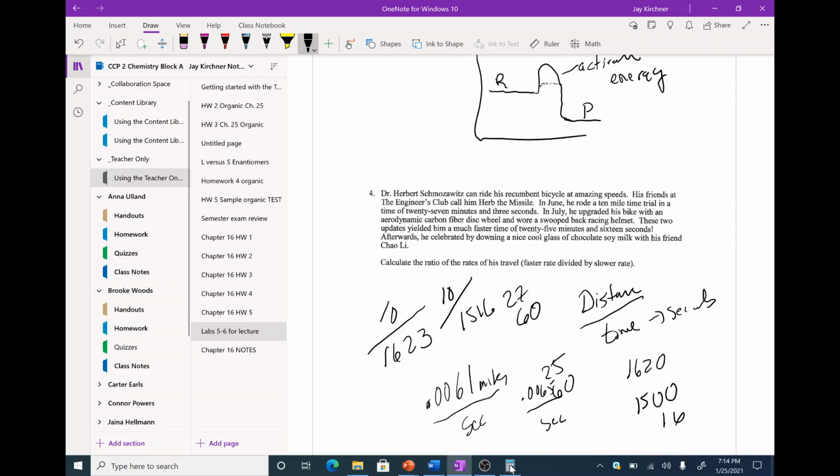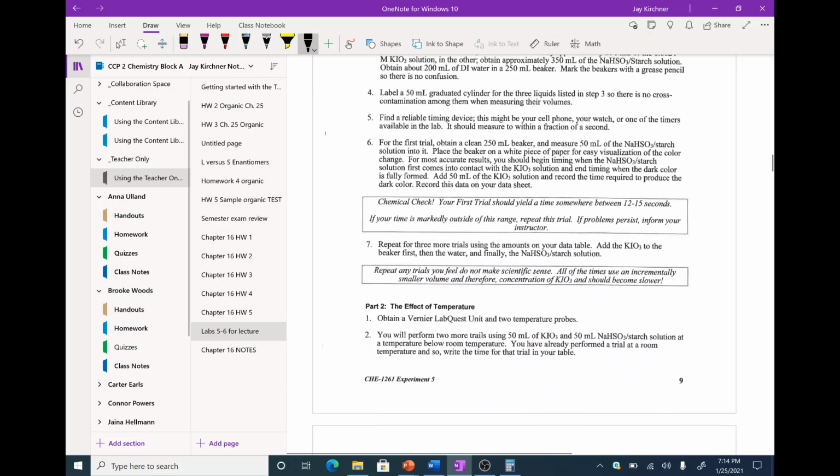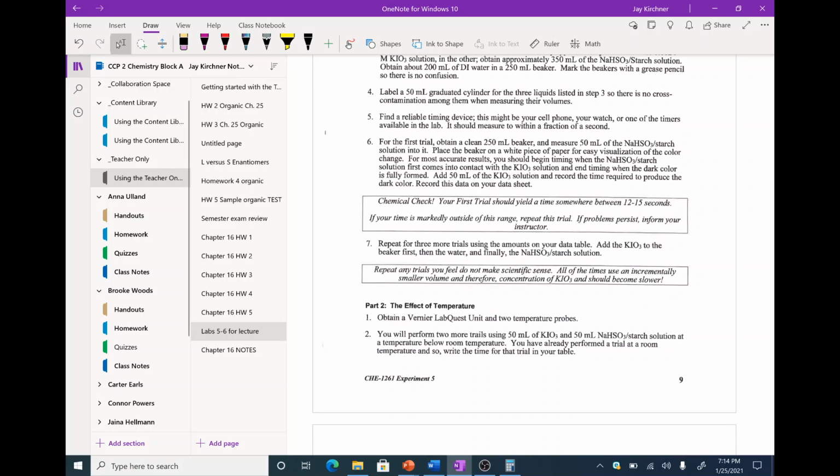So the rate would be 0.65 over 0.61, a faster rate. Okay, so now what we would have done in the lab is we would have put together a couple cocktails of reactions with different amounts of iodate.